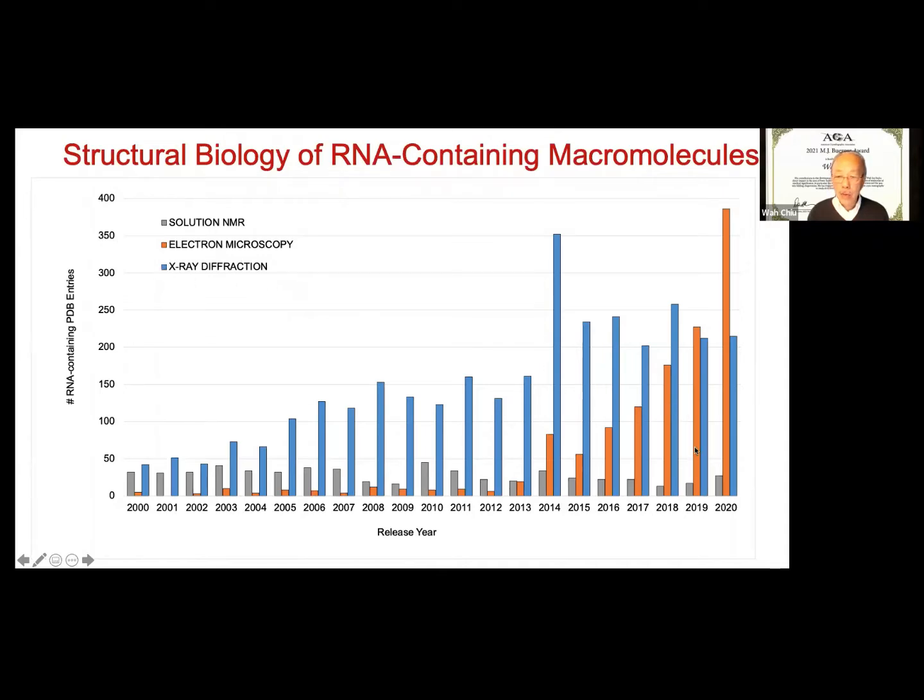And until 2 years ago, cryo-EM became the dominant technique for RNA-containing macromolecules. So I'm going to show the first example of how this is done today, because that was not common a few years ago.